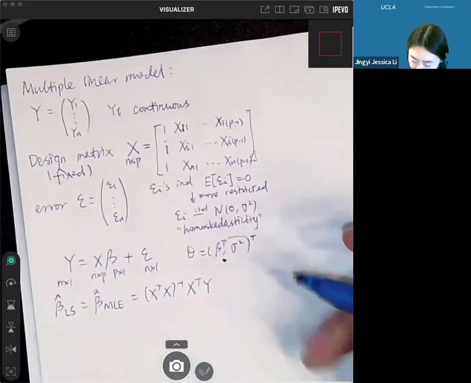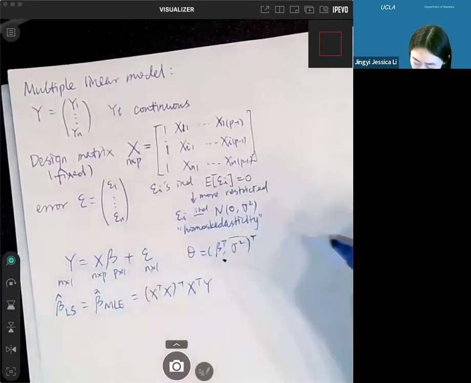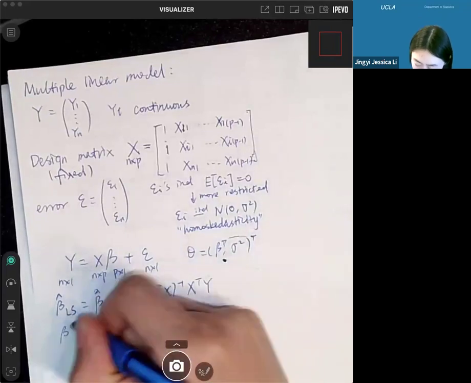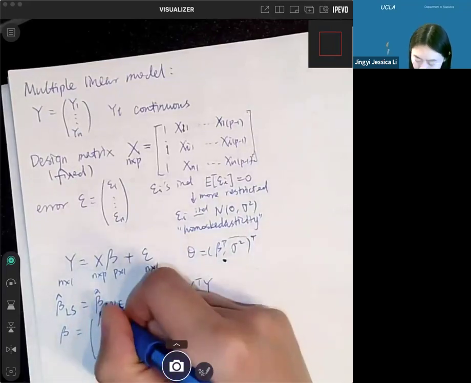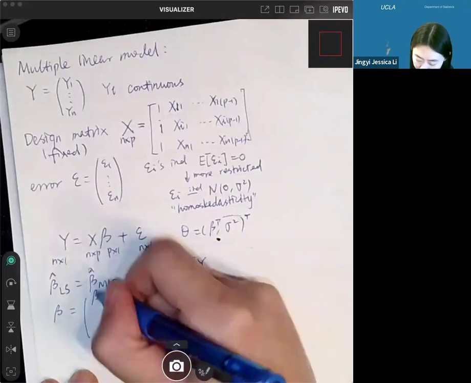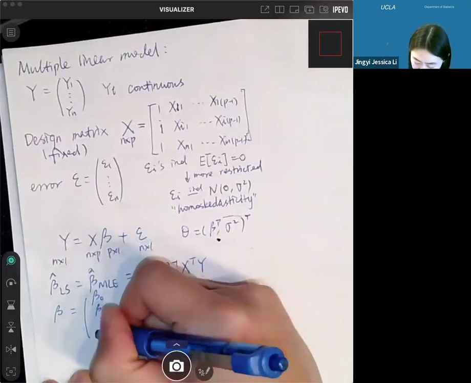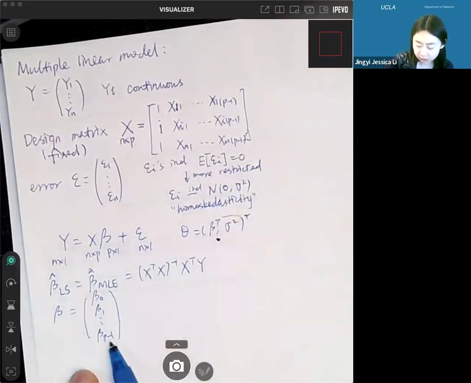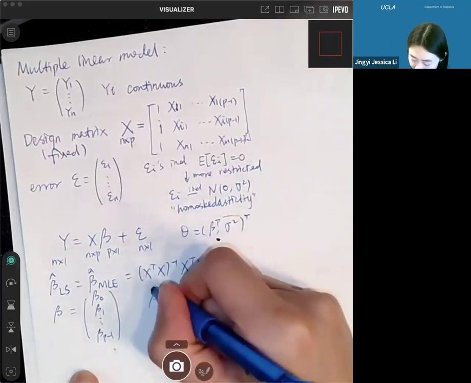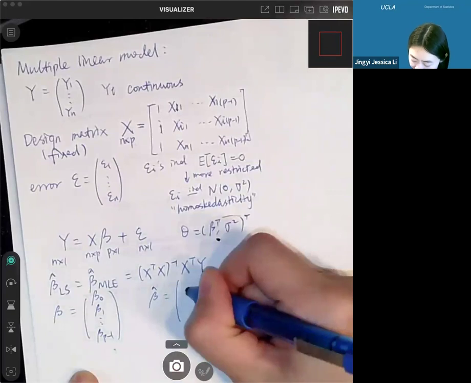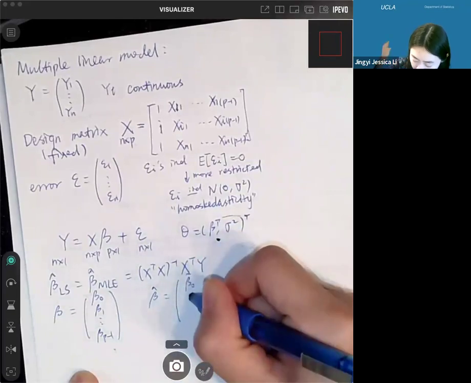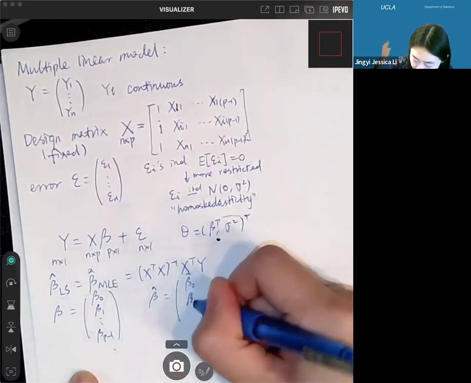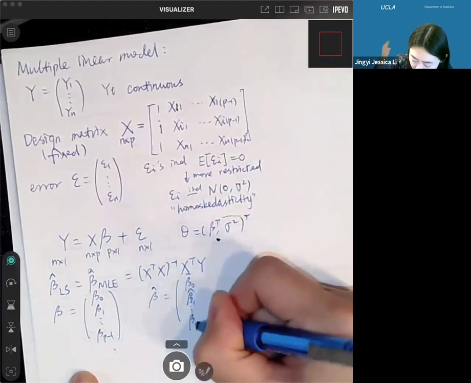So basically, let me write it out. Beta is beta 0 for the intercept, beta 1 to beta p minus 1 for the p minus 1 slopes. And then similarly, beta hat would be beta hat 0, beta hat 1, to beta hat p minus 1.